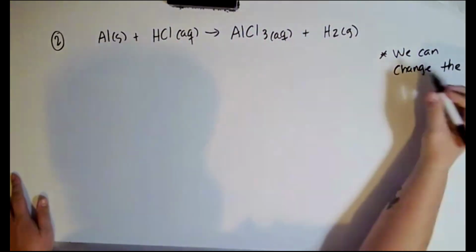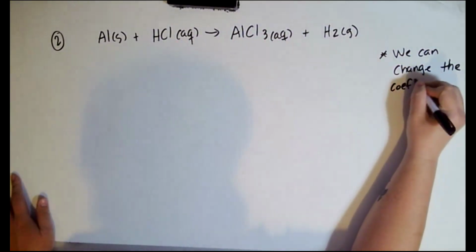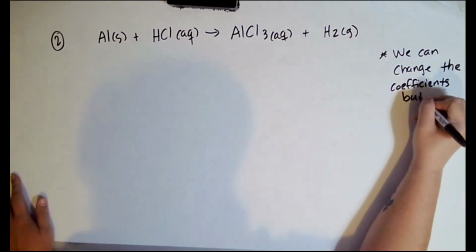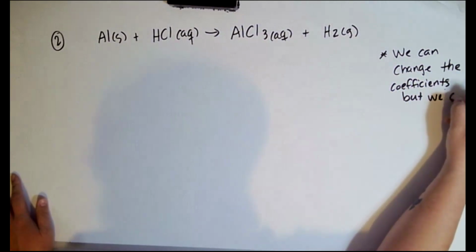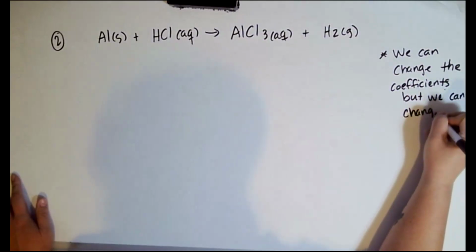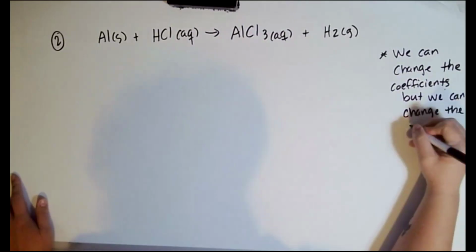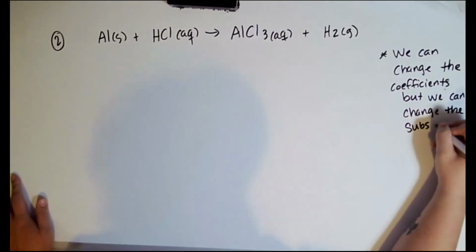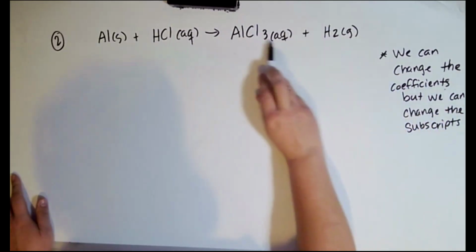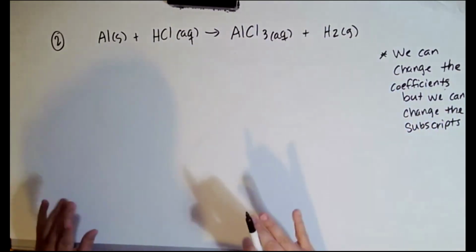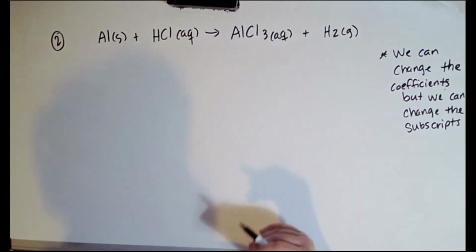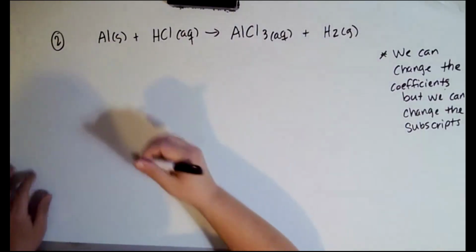So we can change those things, but we can't change subscripts. Okay, so these subscripts that are part of our chemical formulas, which we only have two of them here and here, those we cannot change as we're balancing. All right.